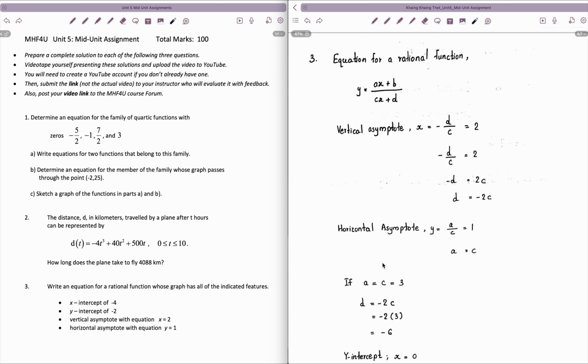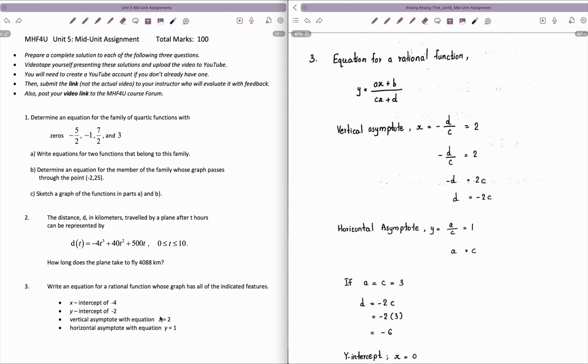So the rational function is of the form y equals (ax plus b) by (cx plus d). In the question, we use the vertical asymptote x equal to 2. The vertical asymptote equation is x equals minus d by c. So it is equal to 2, and we get the value of d is negative 2c.